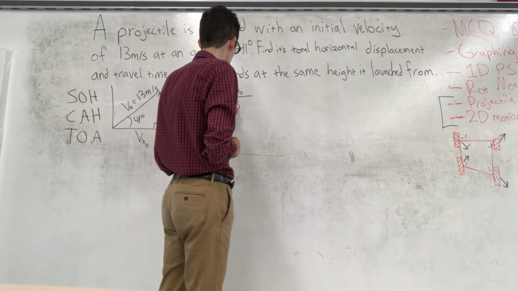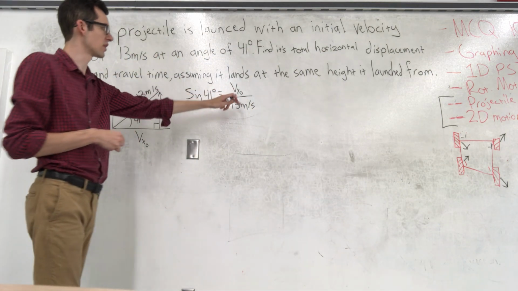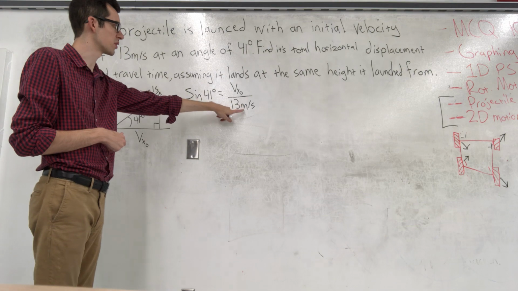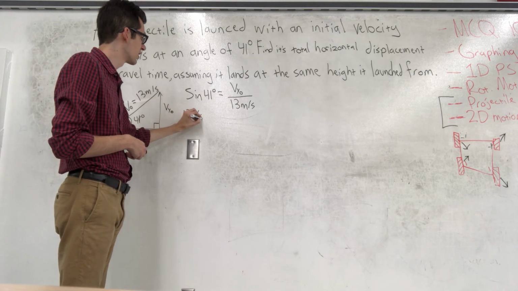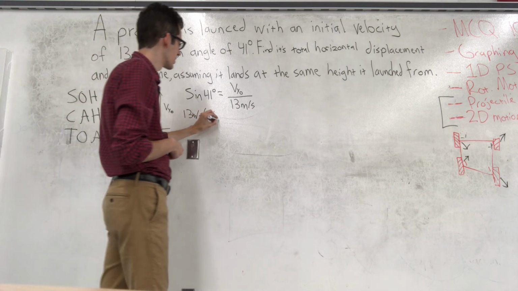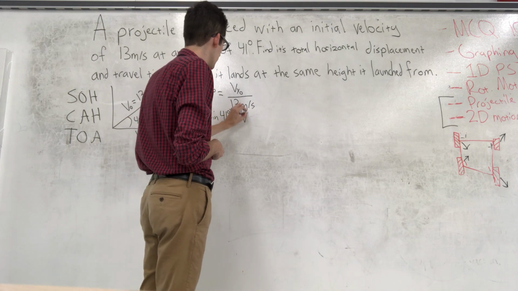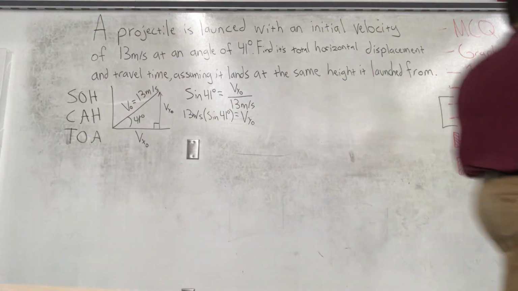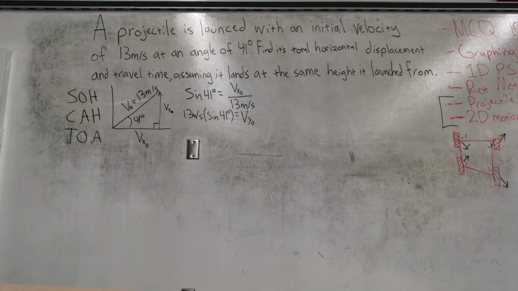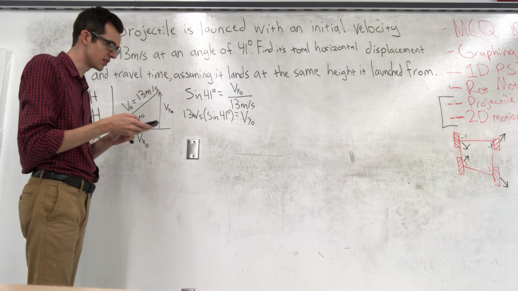So finding our sine, we take our opposite side, Vy0, and divide it by our hypotenuse, which is 13 meters per second. Now to find Vy0, we simply solve for it: 13 meters per second times the sine of 41 degrees equals Vy0. Let's grab a calculator. Make sure your calculator is in degrees mode.